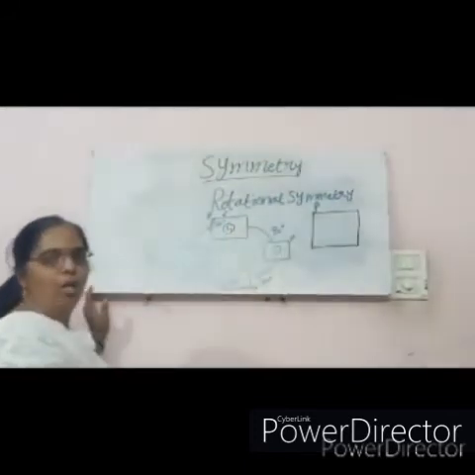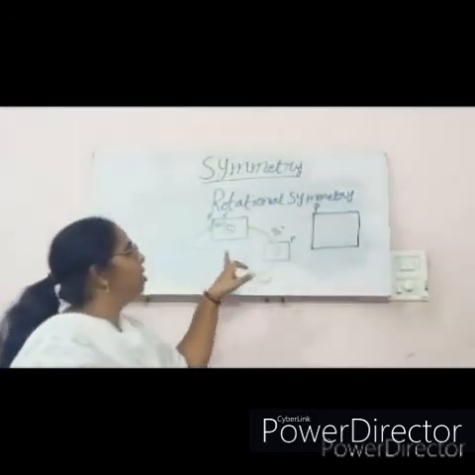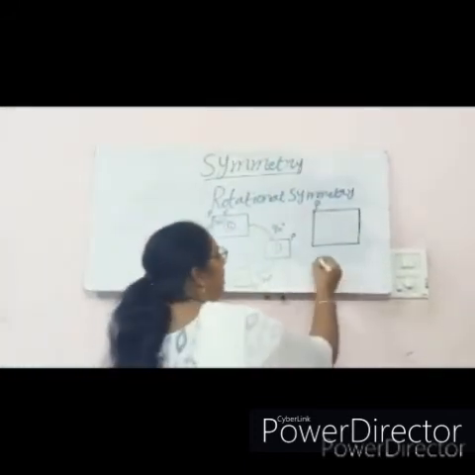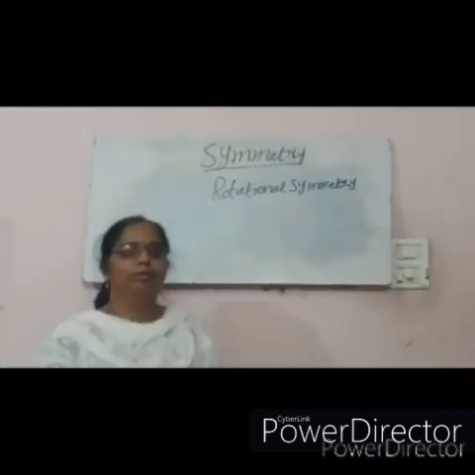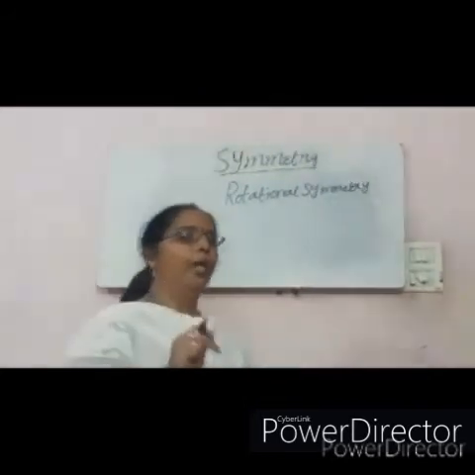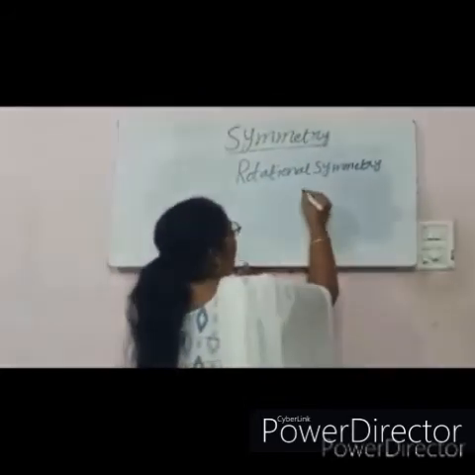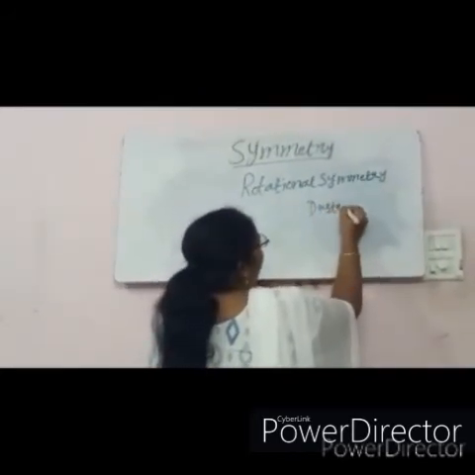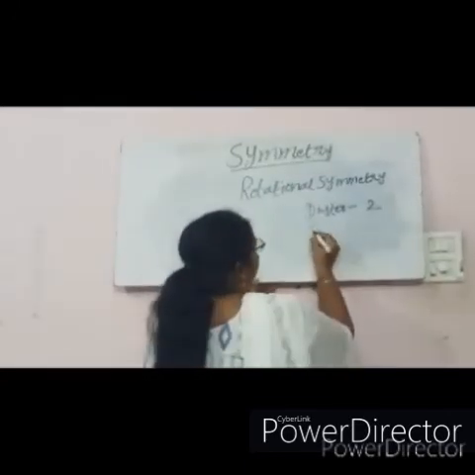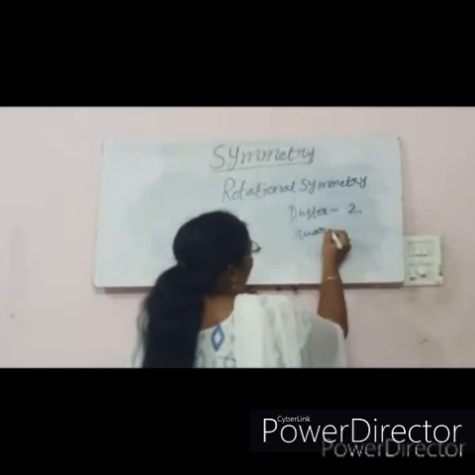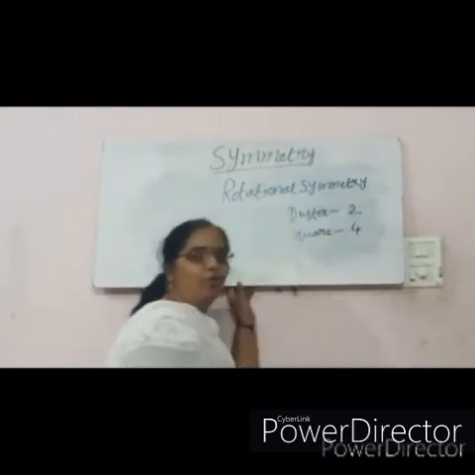So it is 4. So what is the rotational symmetry of this particular figure? It is 4. Now I have shown you 2 examples. One is for the duster. The order of symmetry is 2, and for the square the order of symmetry is 4.